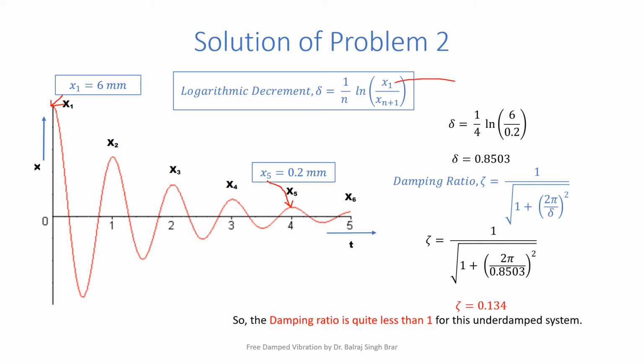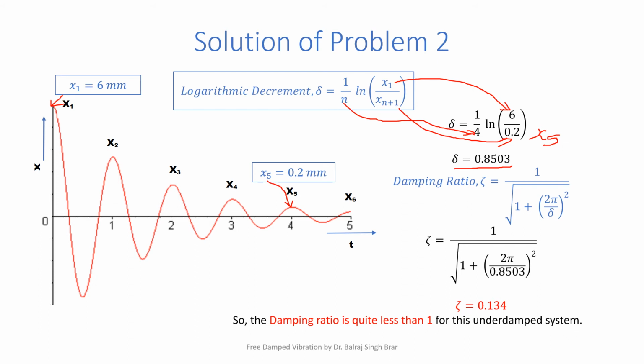Now, from this relation, putting the value of x1, 6, xn plus 1, which in this case is x5, and n value 4, we calculated delta, and it came out to be 0.8503.